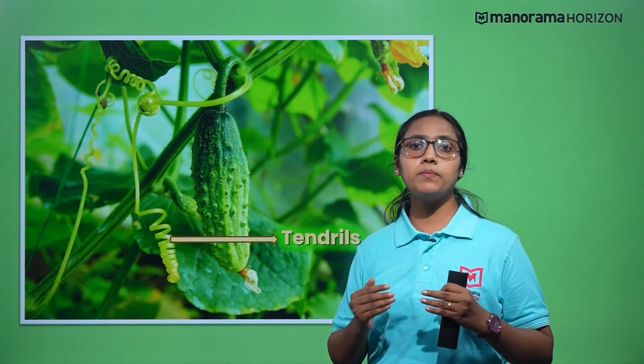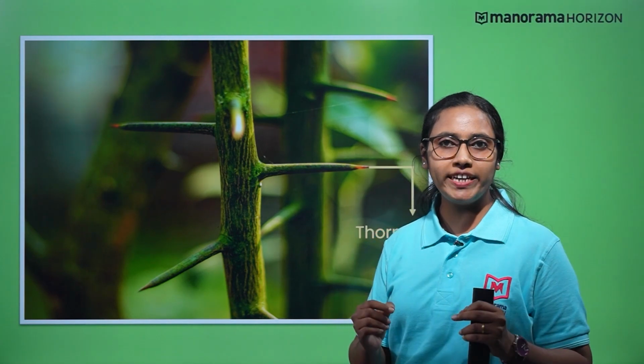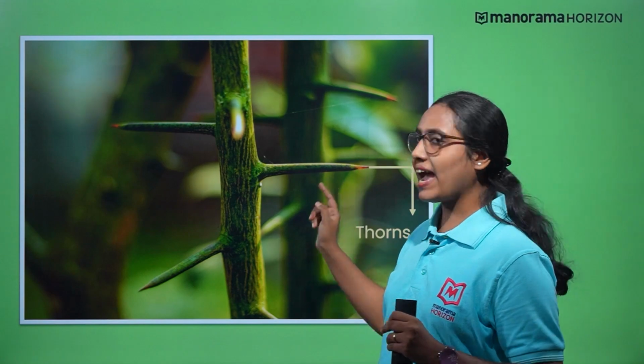These tendrils help the plants to climb. In citrus plant stem, the axillary buds get modified into woody, straight and pointed structures called thorns. It is to protect the plant from browsing animals.